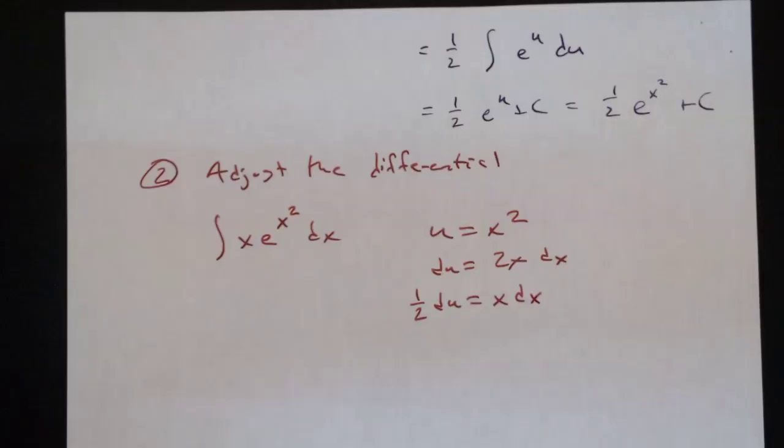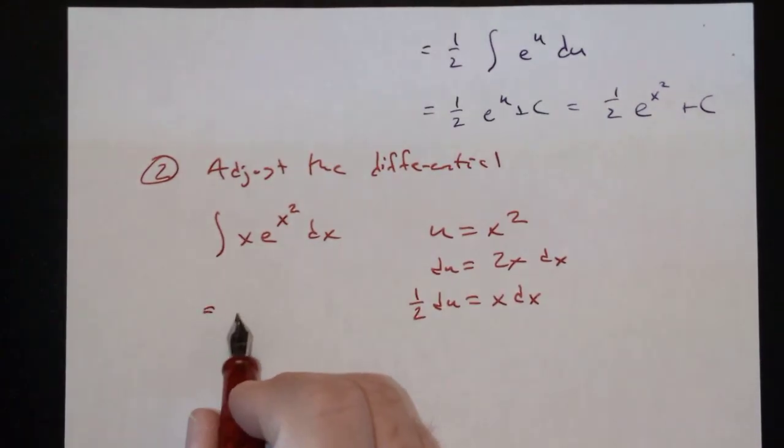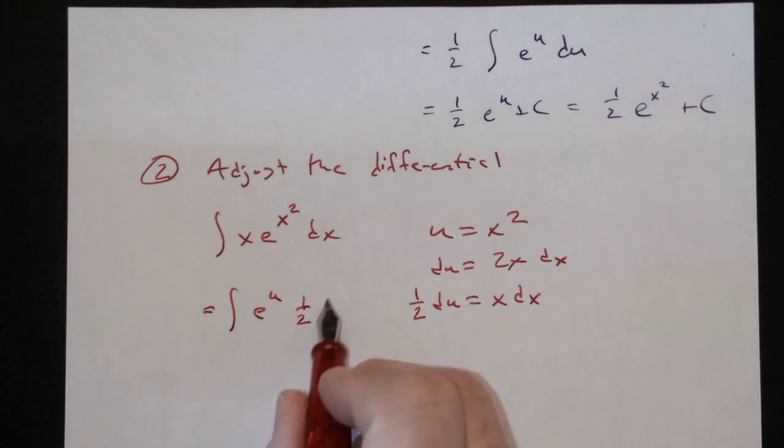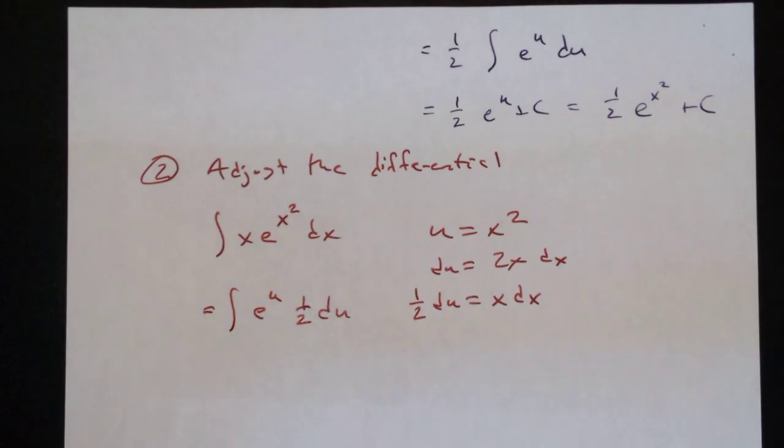And the x and the dx is what's in the integral right at the moment. So here, when I make the switch, I get e to the u, and then x dx gives me 1/2 du. Instead of the 2x, I didn't have the 2, so I put in the 1/2.